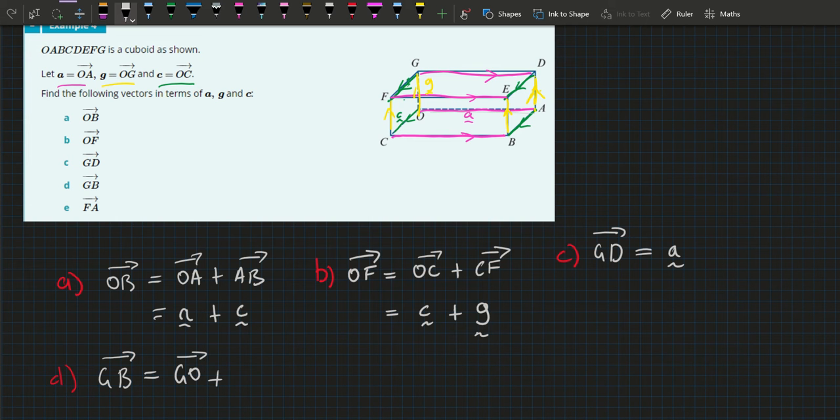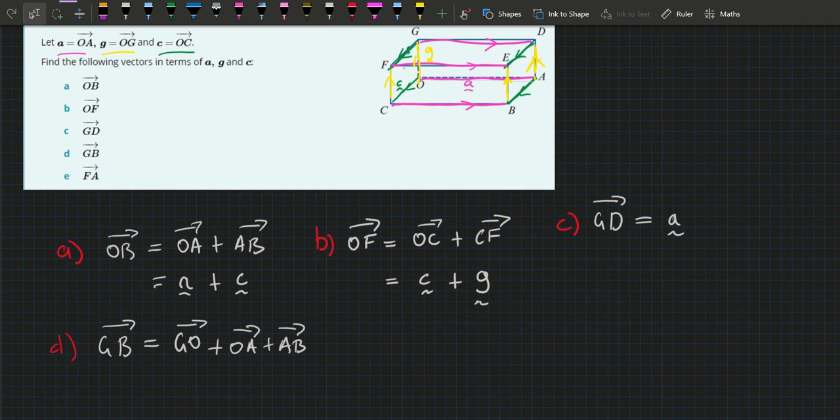But at this point in time, I'm just going to look at our journey. So from here, then we can go from O to A, and A to B. Okay, and that will get us there.